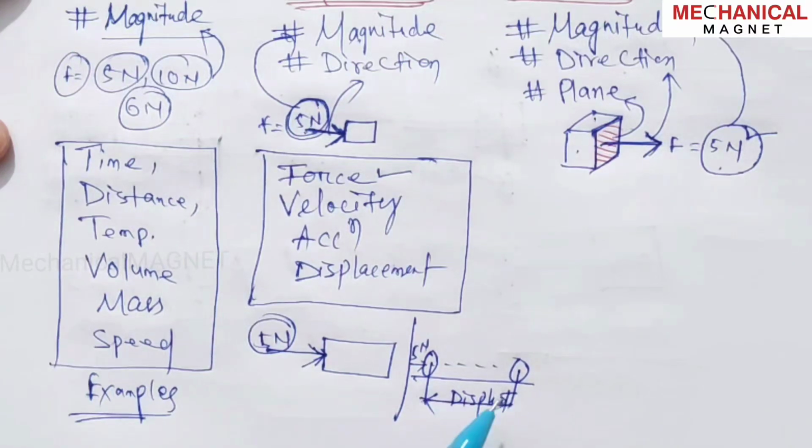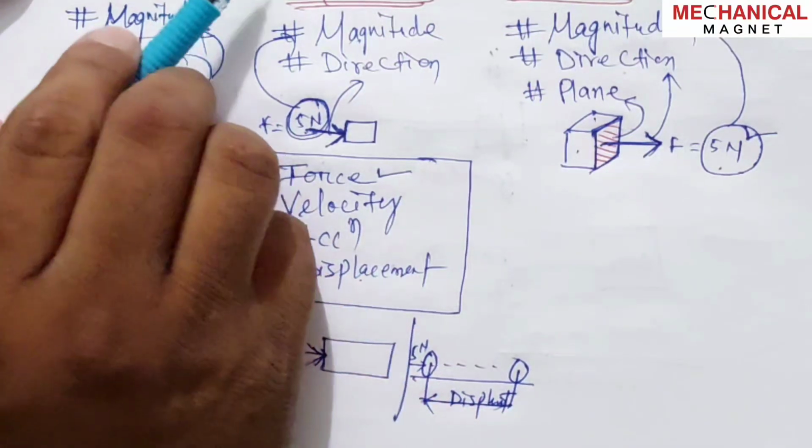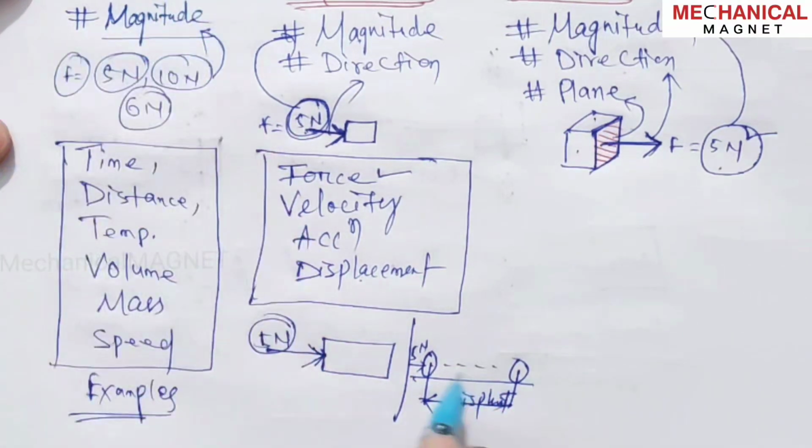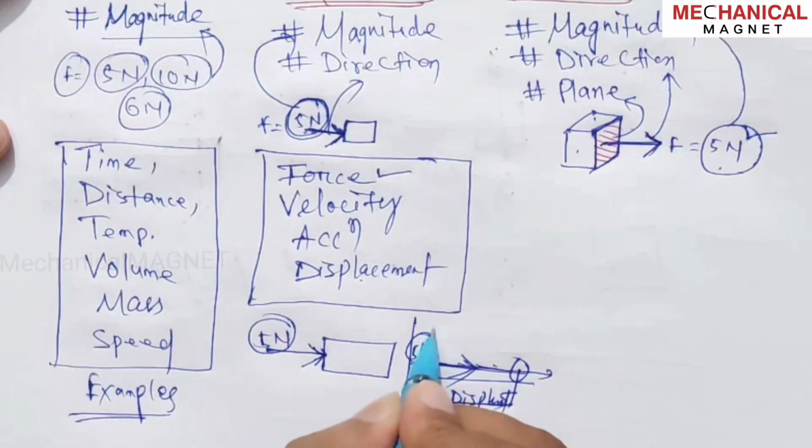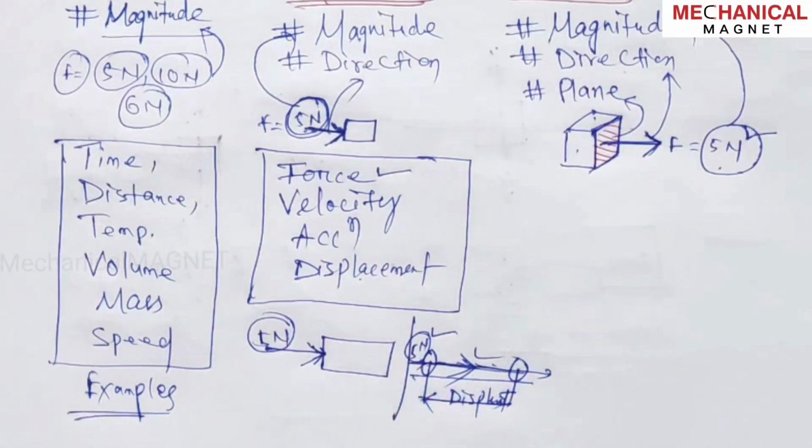So displacement is also an example of a vector quantity. Those have a direction: the force is applied from here to here this way, and the force size is 5 Newton. Two things are there, one the direction, this way, and the size, 5 Newton. So these are vector quantities.